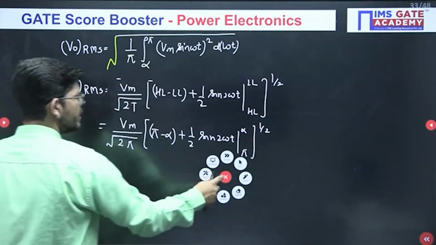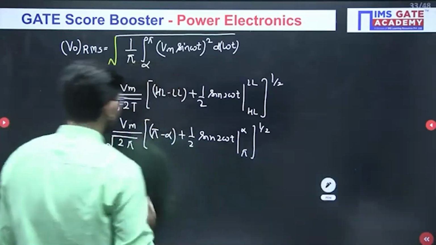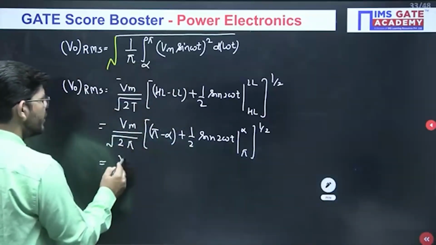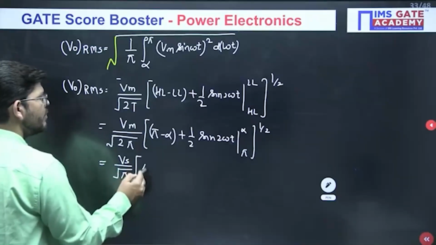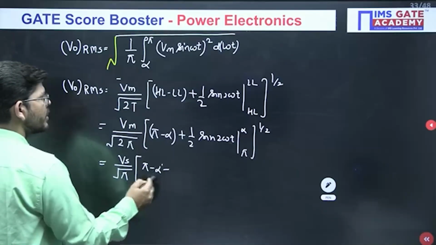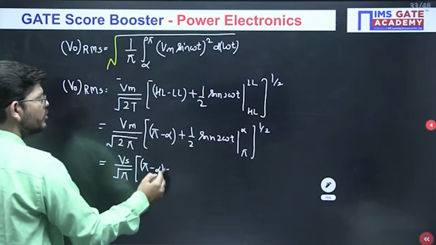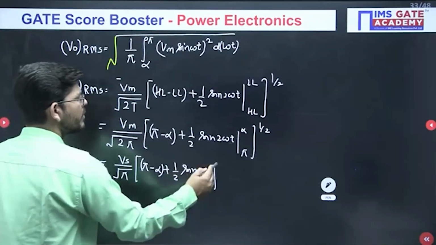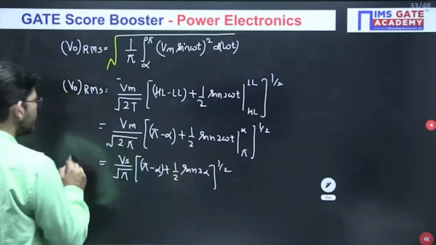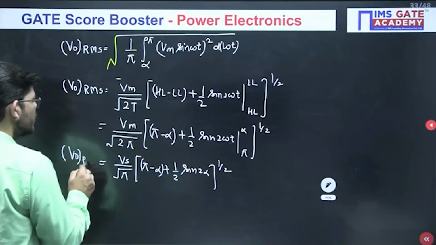Then what will you get? We may write it as Vm by root 2, which is Vs, upon under root of pi, and then pi minus alpha. When you put the limits and solve it, you will get half of sine 2 alpha, to the power 1 by 2. Okay, so this is what you will get as RMS voltage.